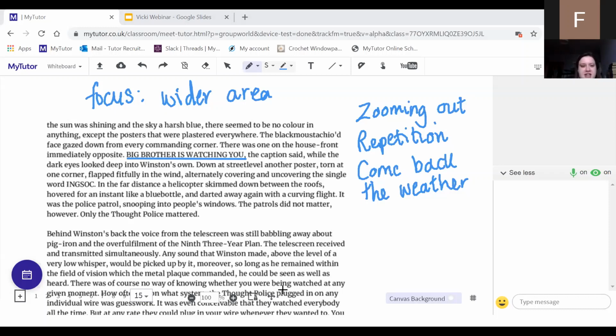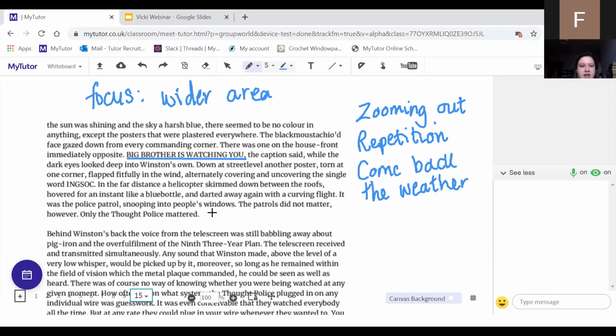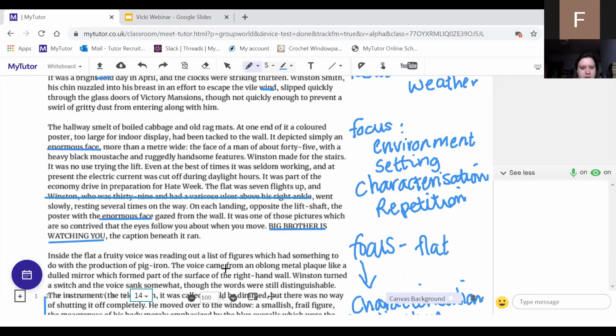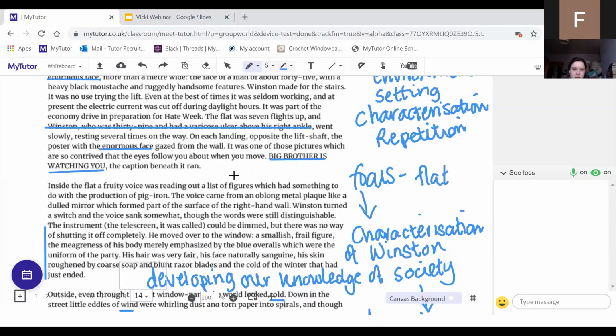So, for example, we've got this in the first paragraph: cold and wind, and they are repeated. We've got wind here and cold here. So repetition of the weather and it being inescapable, we could say that as a structural feature because they are far apart from each other.